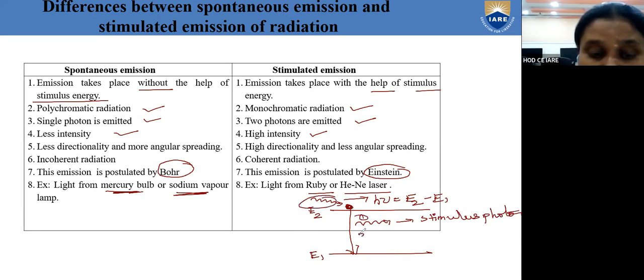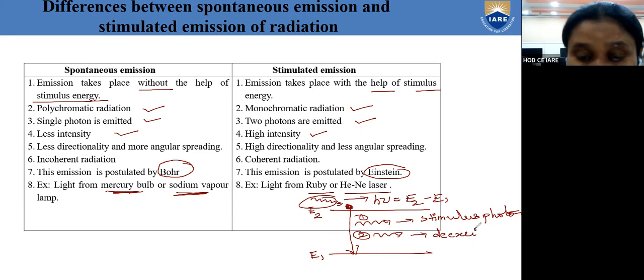And the second photon: when an atom or electron loses energy and comes down, it releases energy in the form of a photon. So one more photon comes because of de-excitation from E2 to E1. This is our second photon, and the first photon is the one which makes it come down.